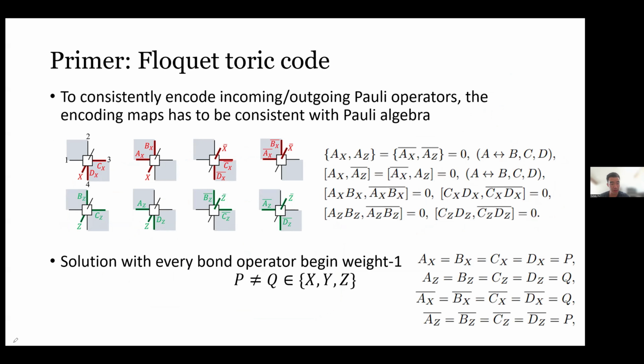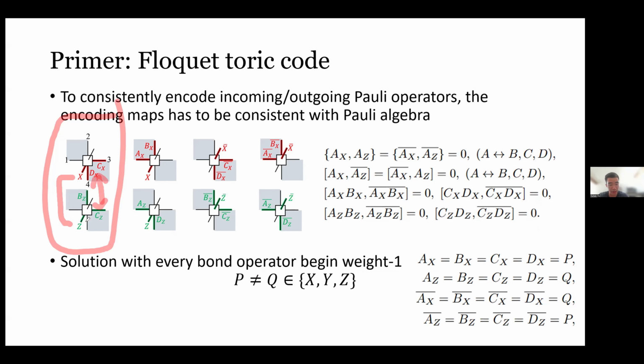For example, if we focus on these 2 graphs, these 2 encoding maps, you have an encoding map of X and an encoding map of Z. Since X anti-commutes with Z, their maps have to anti-commute. But we know that the maps essentially only overlap on leg 3, which means that CX has to anti-commute with CZ. Because X anti-commutes with Z, and C and D for X and B and C for Z are the encoded logical X and logical Z, whenever they overlap, they have to anti-commute.